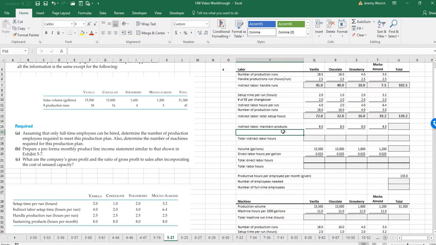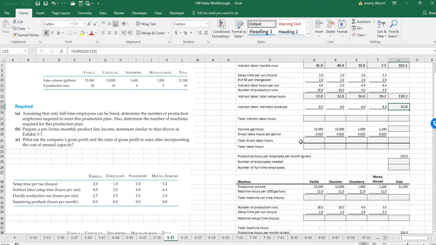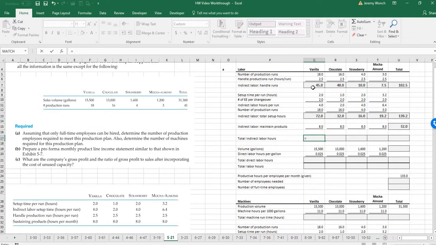Then the indirect labor to maintain products is 8, which is already given to us down here. We'll sum those up, and that gives us total indirect labor hours.